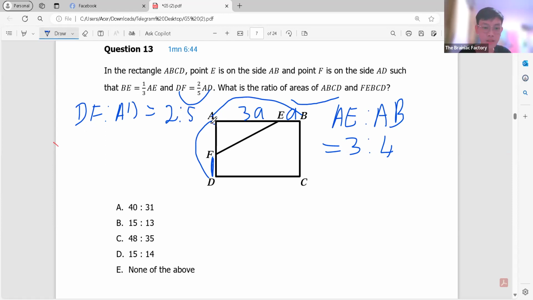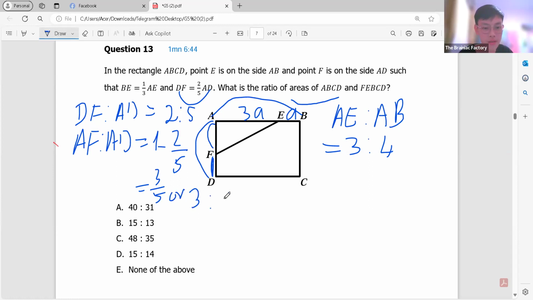So we need to find AF first. AF is equal to 1 minus 2/5, which is 3/5.